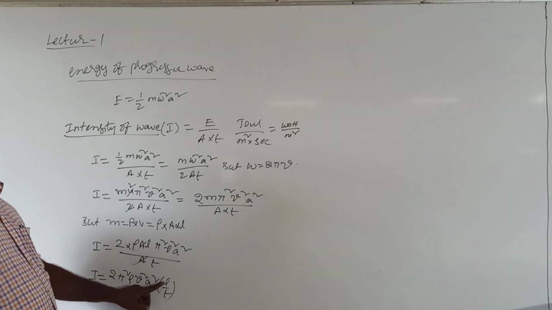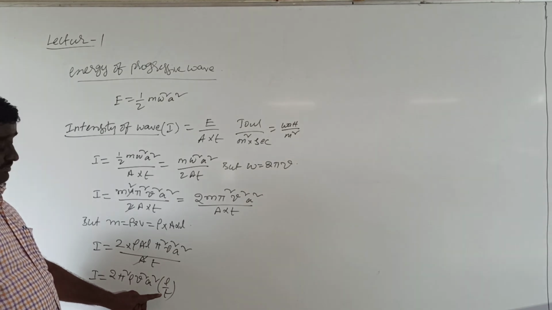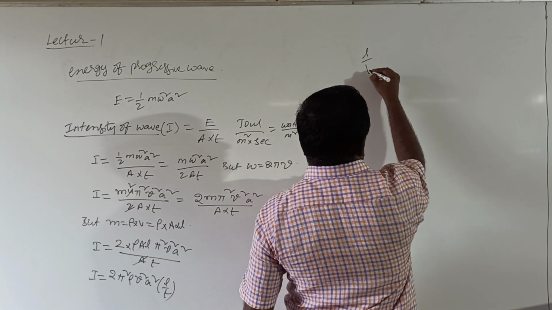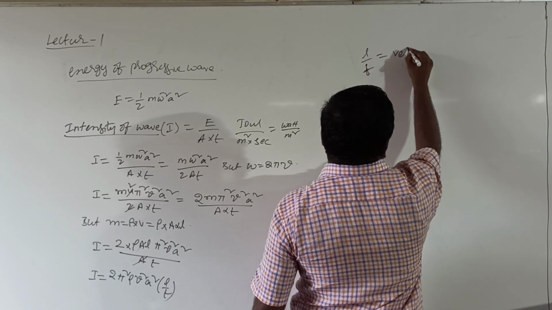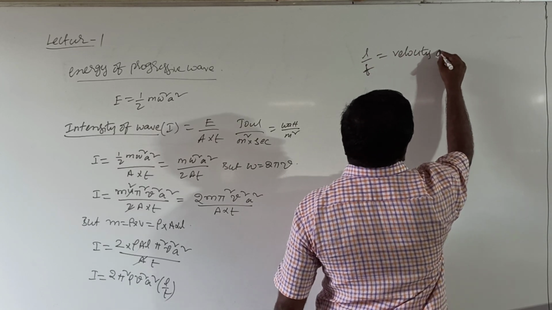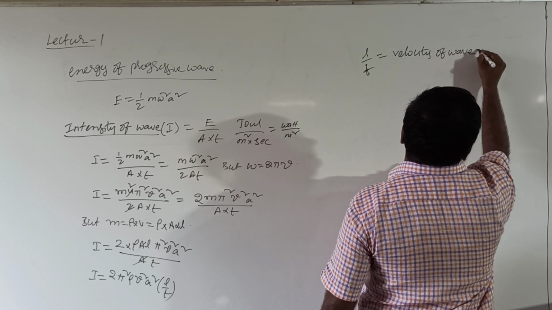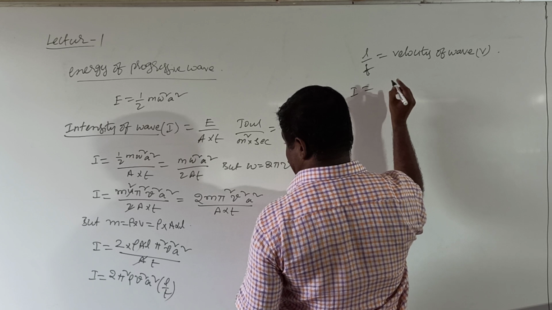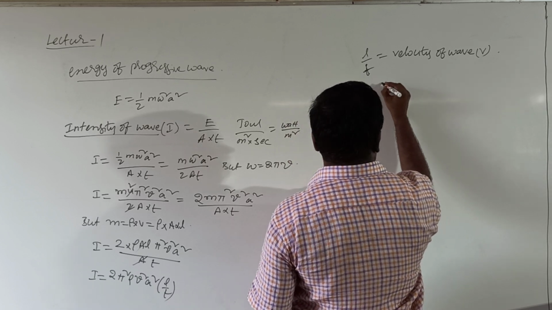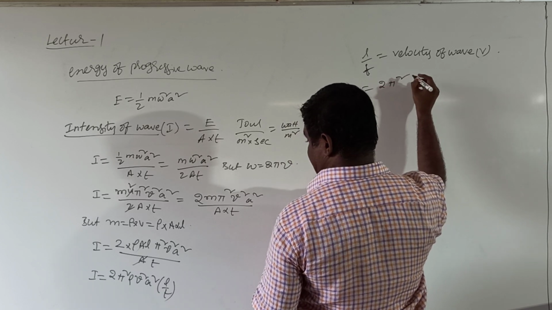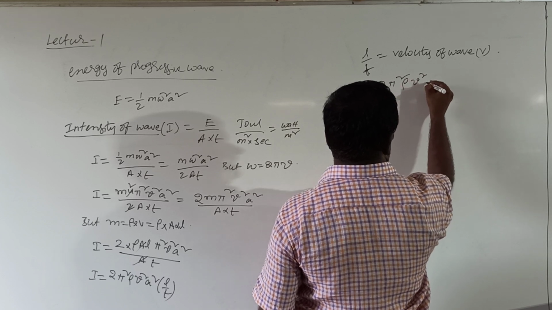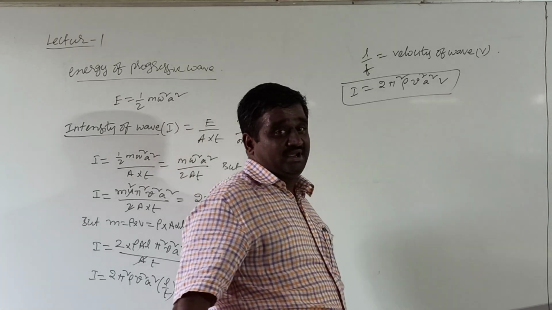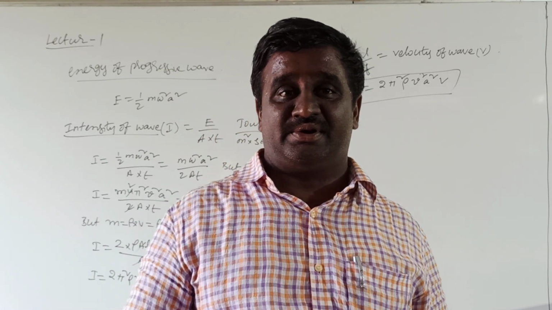L is the distance traveled by the wave in time t, so L by t represents the velocity of the wave V. Then I equals 2 pi square rho nu square a square into V, which is the equation of intensity of a wave.